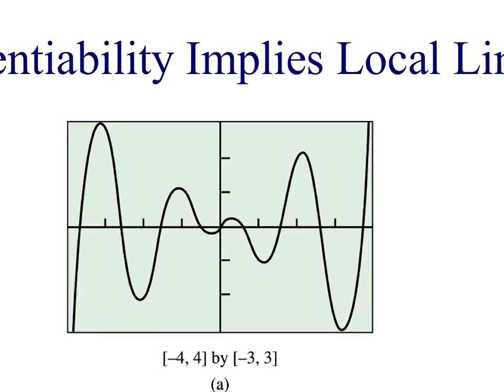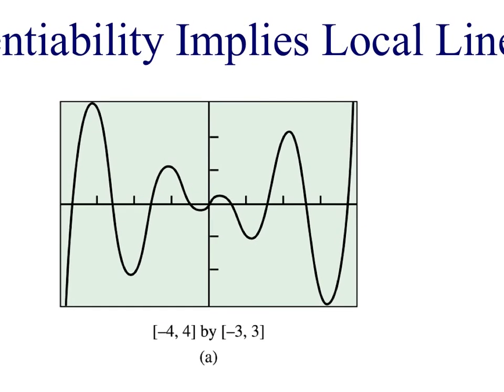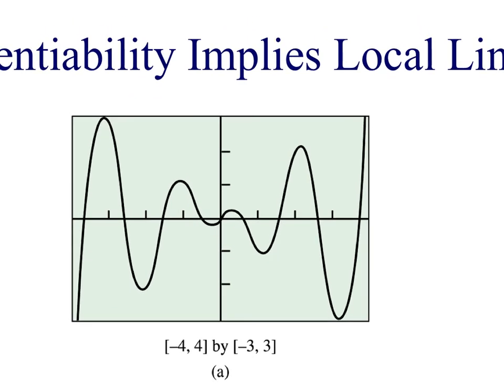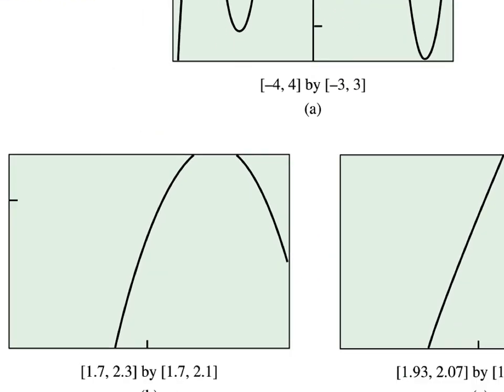Clearly, this is a very curvy function. Is it differentiable? Well, pick any one spot on the function and see if you can make it locally linear. In other words, if you zoom in, will it look like it's going to be straight? So I'm going to pick this section right here, and I'm going to zoom in on it, which is the next figure here.